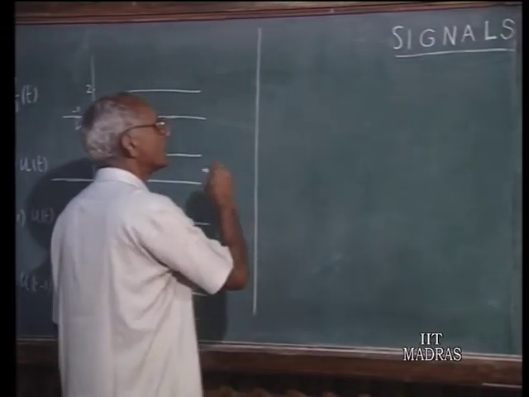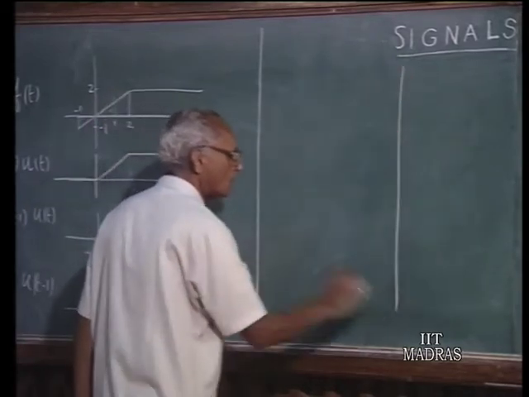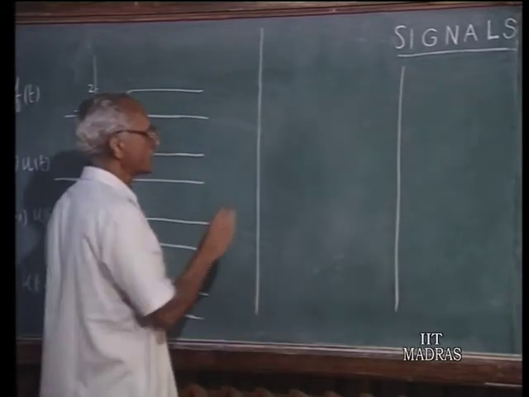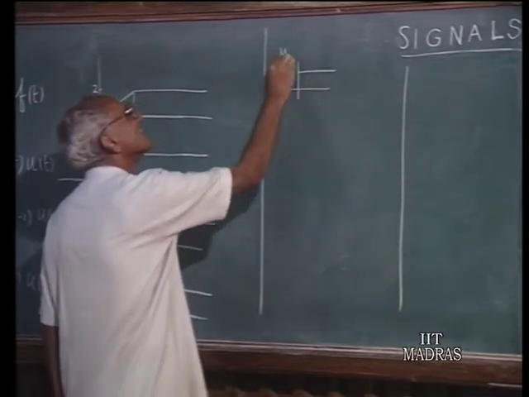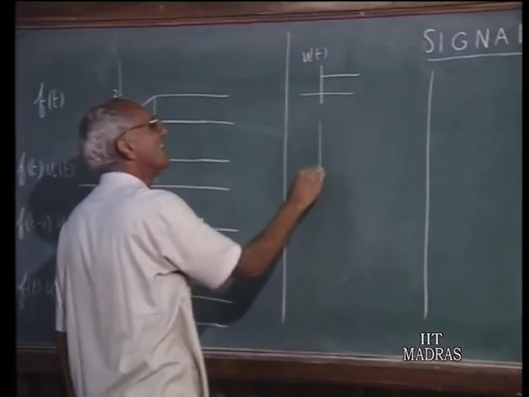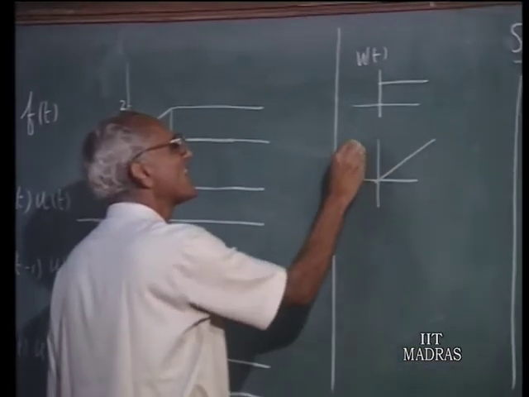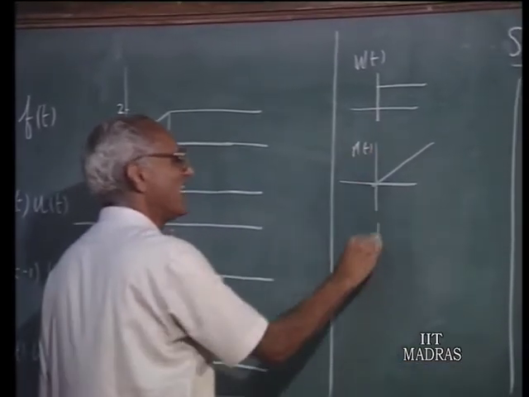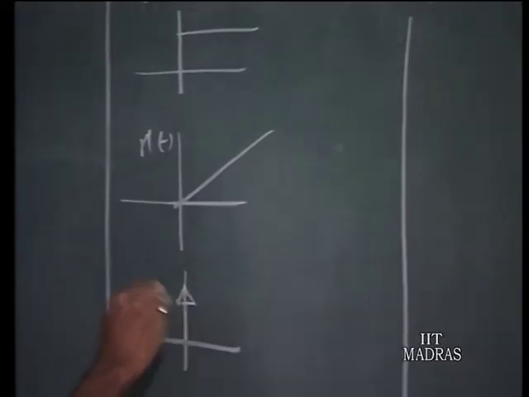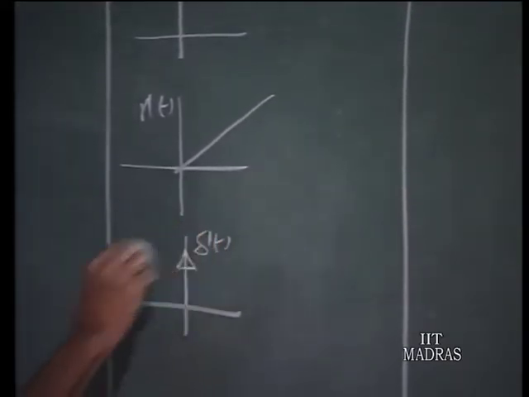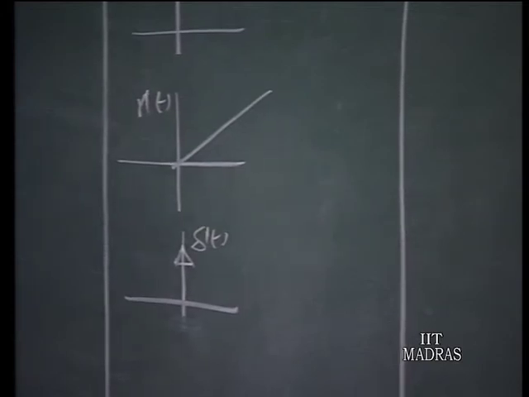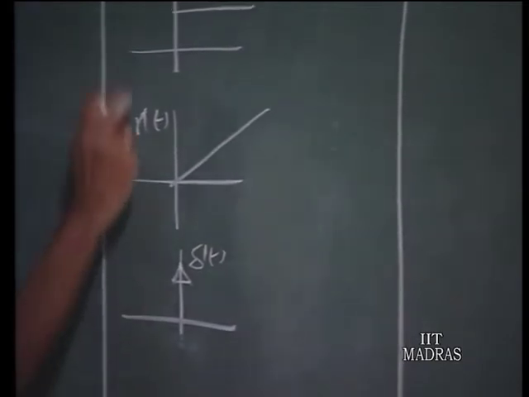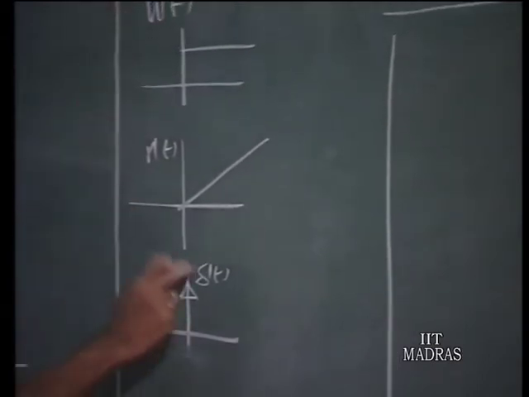We have now seen 3 functions: u of t, the ramp function r of t, and the delta function delta t. How are they interrelated? If I differentiate u of t, I get delta t.